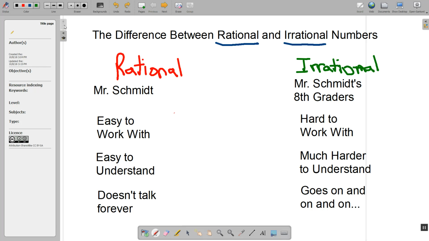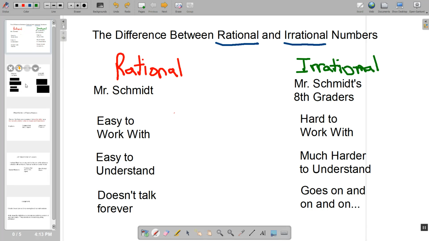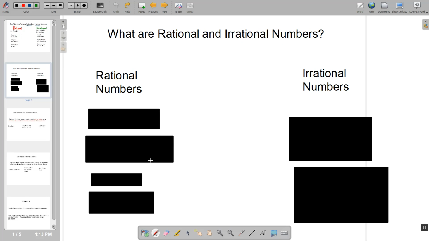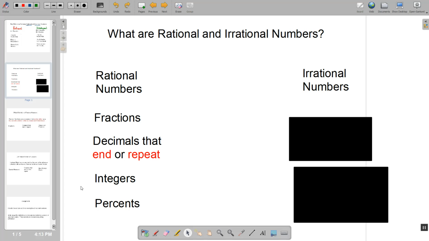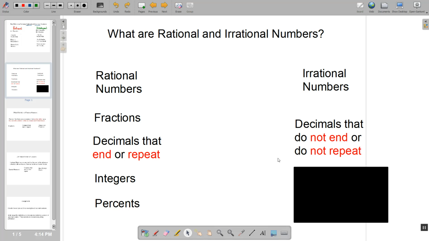This is just a funny way to try to remember some of these characteristics. So if we're dealing with rational numbers, these numbers are usually fractions, decimals that end or repeat, integers, which are positive and negative whole numbers, and then percentages, because percentages we know are just fractions or decimals. Irrational numbers, by contrast, are decimals that do not end and do not repeat.